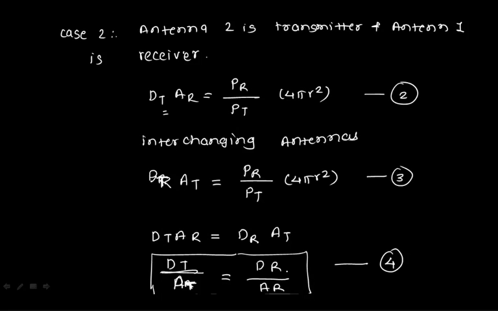Now we know that what we have assumed here, whatever we are using, is nothing but the isotropic antenna. If you see the relationship, we can say that when the directivity of the antenna increases, the effective area will also increase in direct proportion. Whenever your directivities increase, your effective area also increases.